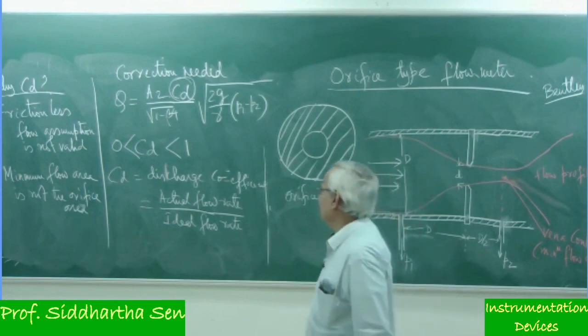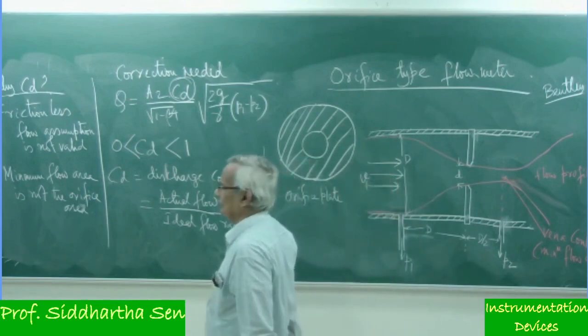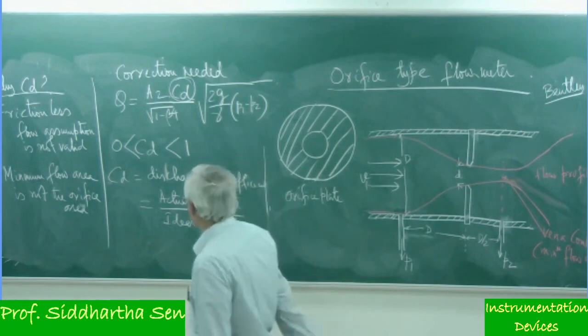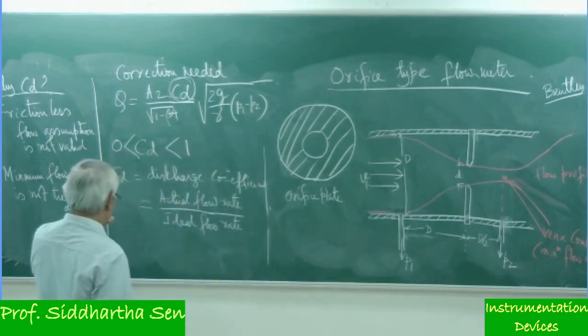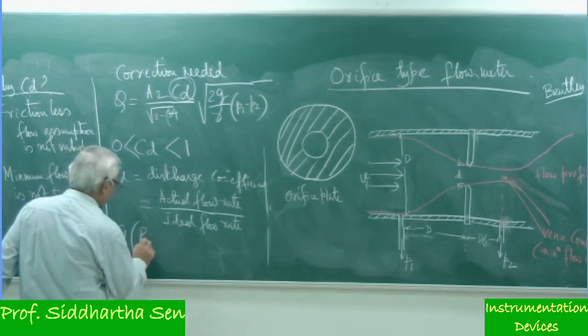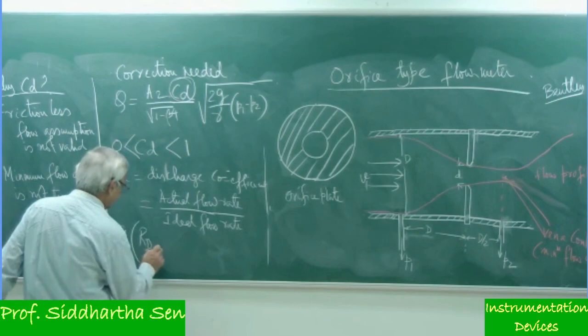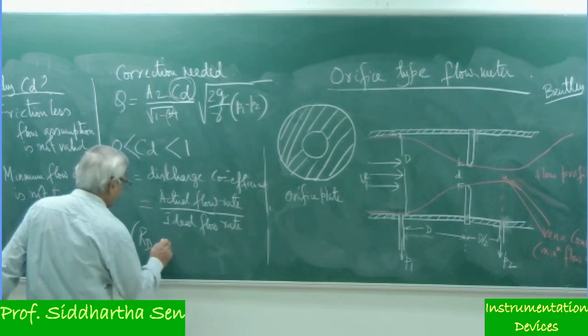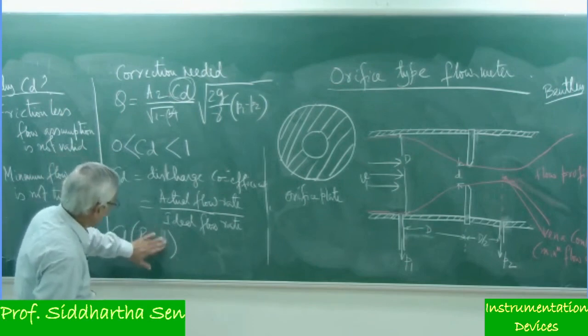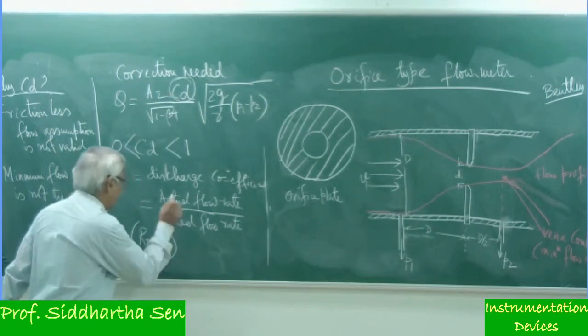So how do you measure the actual flow rate in that case? Okay, I will come back to this one. But what we can say is that this CD is a function of Reynolds number and the diameter of the orifice D, or rather I will put it in terms of beta.